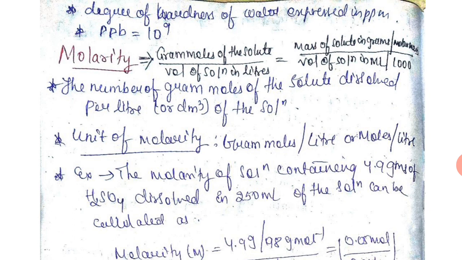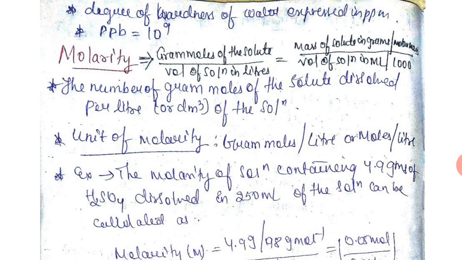There are two types of water, hard water and soft water. When calcium and magnesium are present in the water, it is known as hard water. If it is cleared of calcium and magnesium, it is known as soft water. So hardness of water is expressed in parts per million.